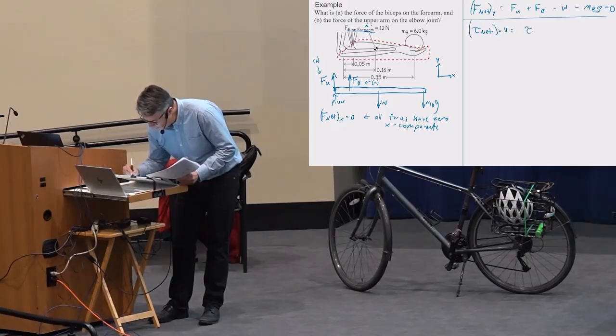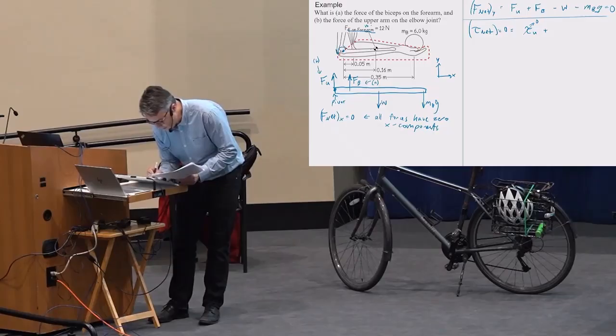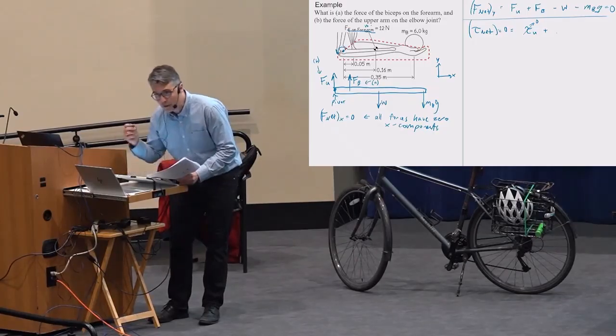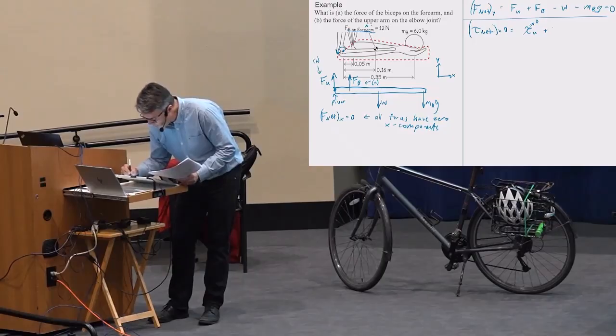It's going to be the torque on the upper arm, which equals 0 because it's at the pivot, plus, let's see, if this is counterclockwise, an upward force from the bicep will have a counterclockwise torque, so plus 0.05 times FB, and then minus 0.16 times the weight, and then minus 0.35 times MB times G. So you get 0.05 times the F bicep equals 0.16 times the weight plus 0.35 times MBG.